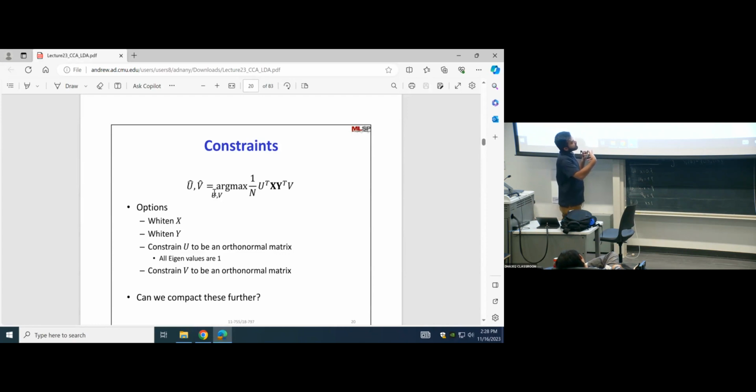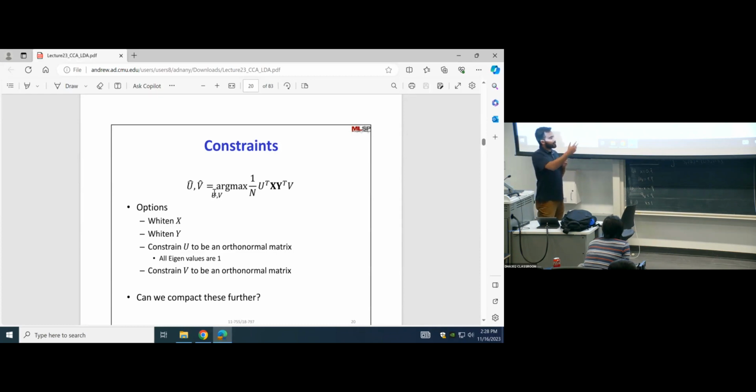That made the variance 1 for every variable. Whitening is important because if we don't have that constraint, then X and Y can be large. To give an example, somebody might say their height is 5 feet, or somebody might say 160 centimeters.